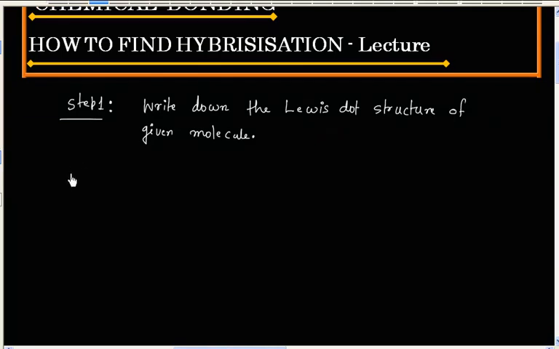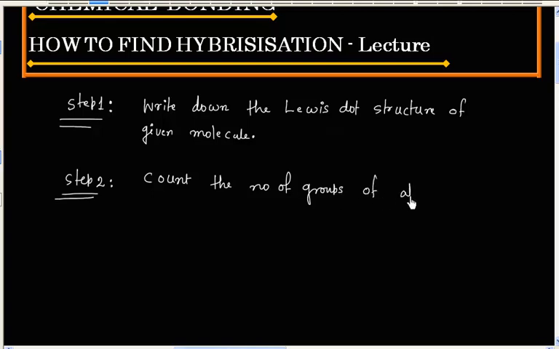And the second step is to count the number of groups of the atom for which you have to find hybridization.